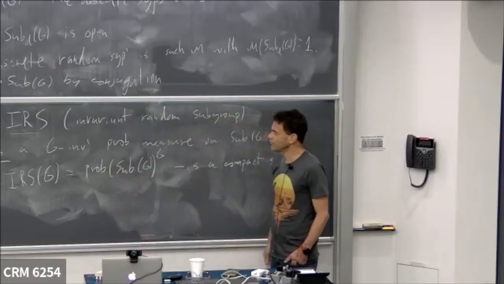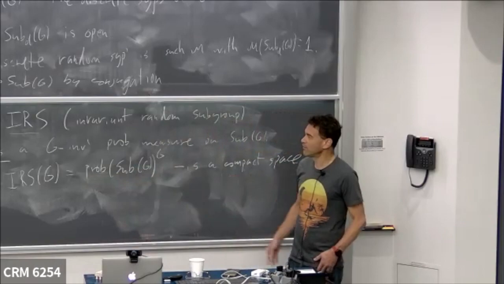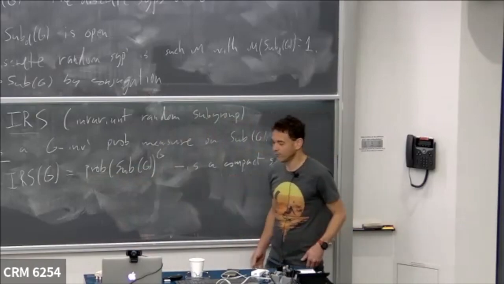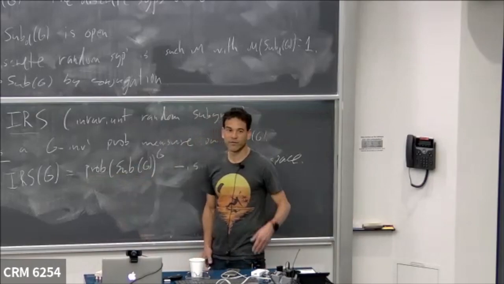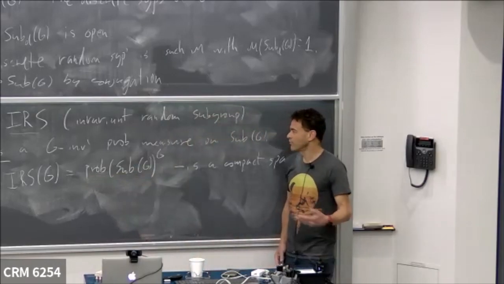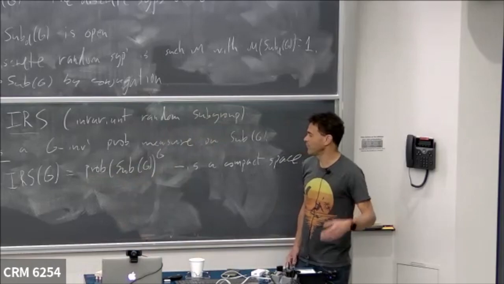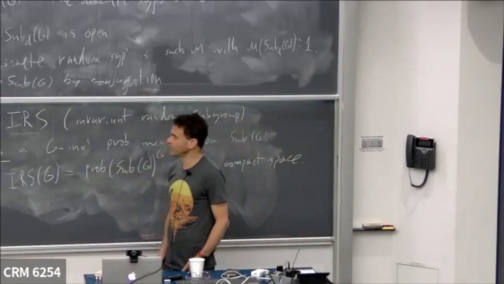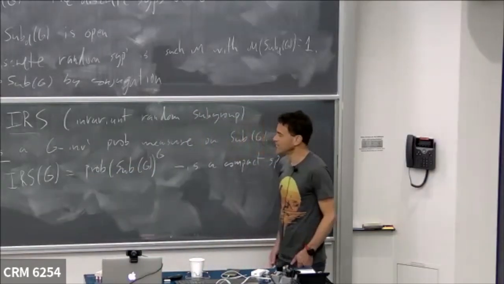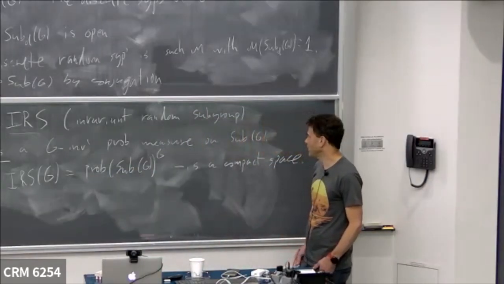When we consider measures on a Hausdorff compact space, we take them with the weak-star topology: a sequence or net of measures converges to a limit if the integral of every continuous function converges to the integral with respect to the limit.